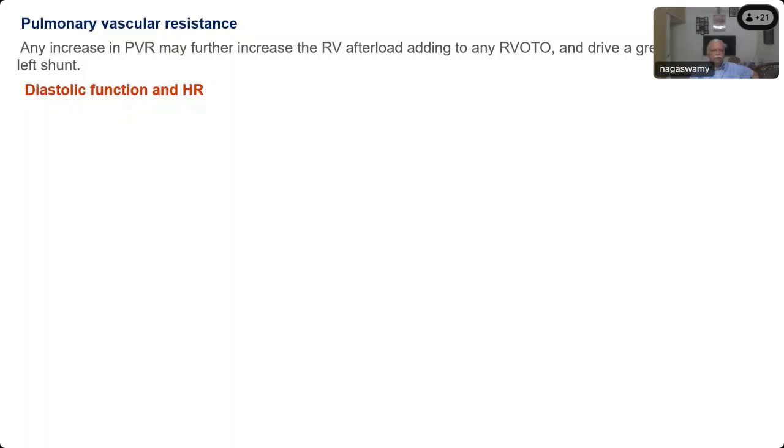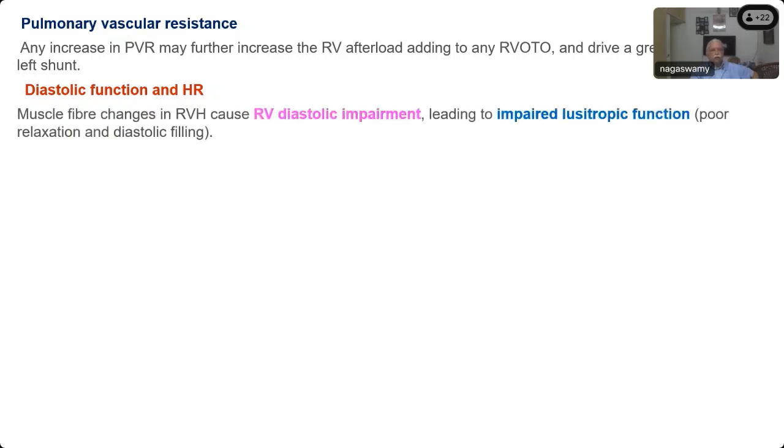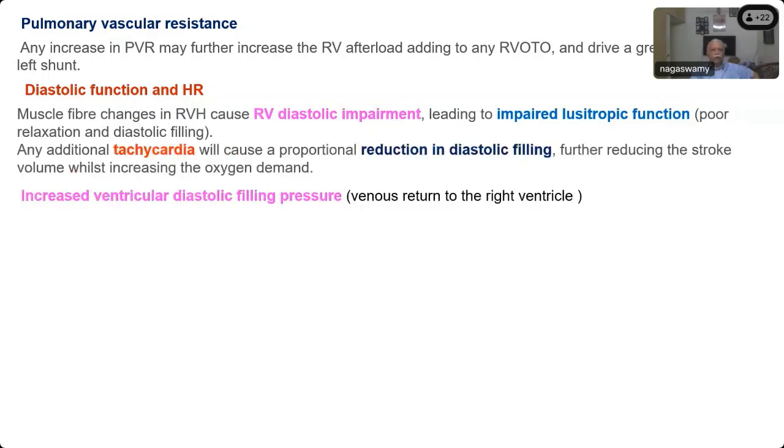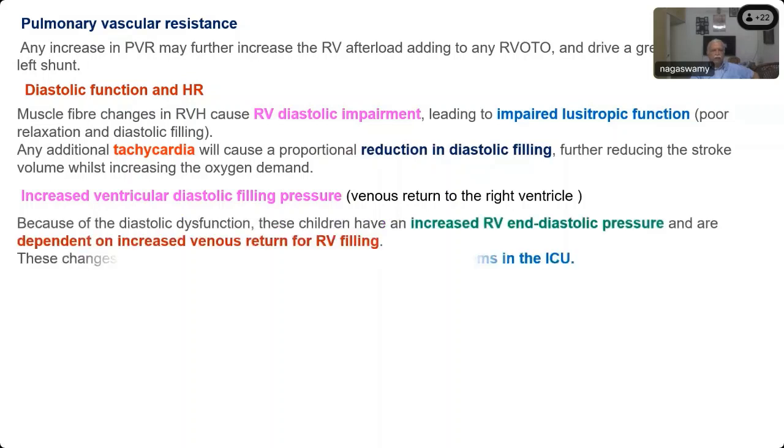You should try to decrease PVR and increase SVR. If you do that, you will be able to achieve normal oxygenation because of the prevention of the right to left quantum. Then there is diastolic function and heart rate: right ventricular diastolic impairment happens, and over a period of time there is reduced filling that also adds to the problem.